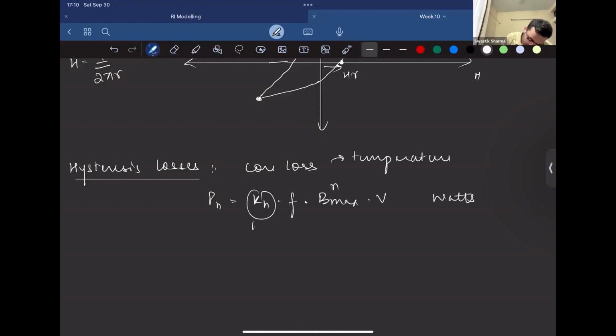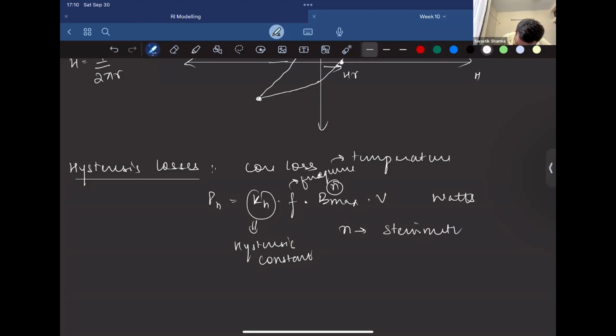Here Kh is the hysteresis constant, f is frequency, B max is the maximum flux density, and n is the Steinmetz constant. You'll see it vary from 1.5 to 2.0, typically being 1.6. And V is the volume of the conductor.